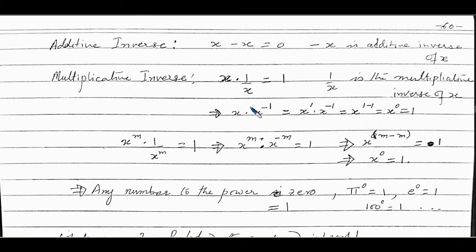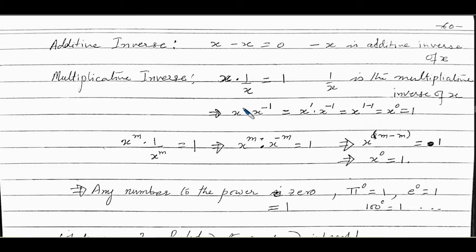Okay, so here actually if I take this x, which is in the denominator, to the numerator, then my x to the power 1 becomes x to the power minus 1. If it is x to the power 2, then from denominator to numerator it will become x to the power minus 2, and so on and so forth. Okay, so I can write this as x into x to the power minus 1. This is power 1.